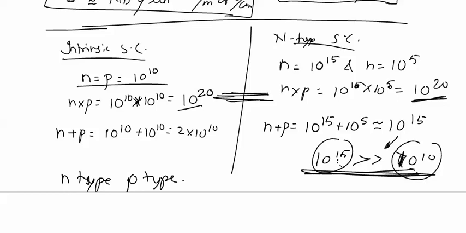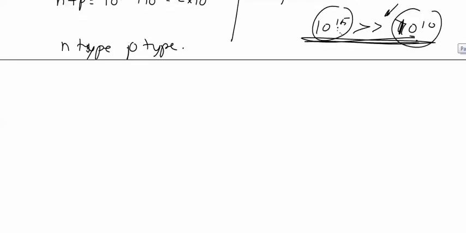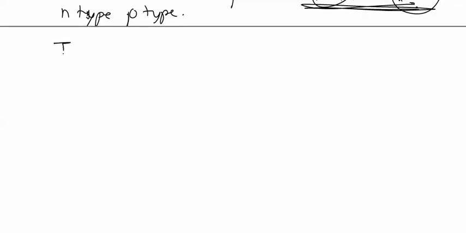So with increase in temperature, more charge carriers will be generated, and already we have seen that the charge carrier concentration is very large in extrinsic semiconductor.